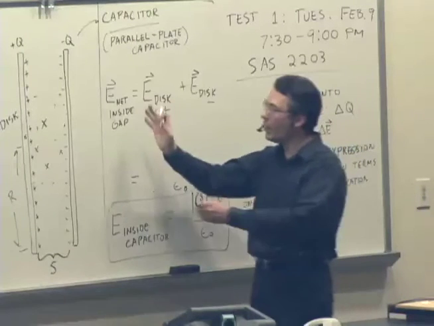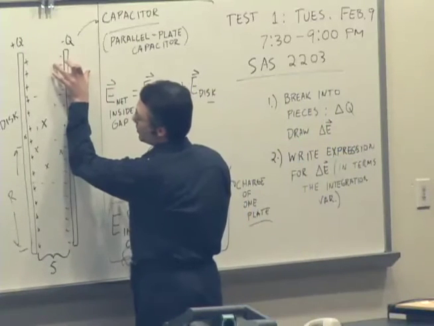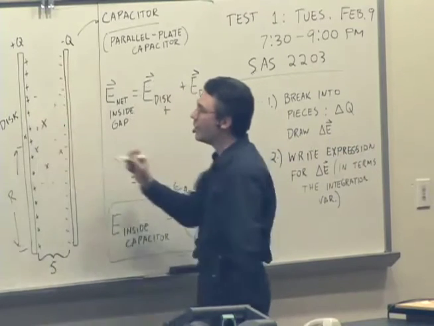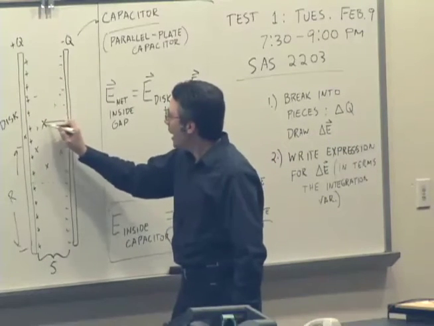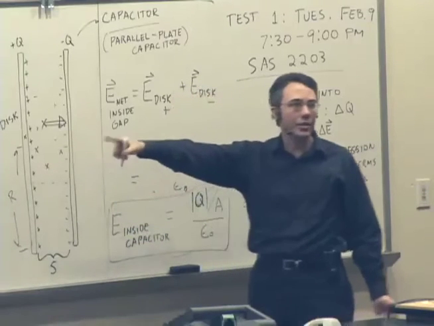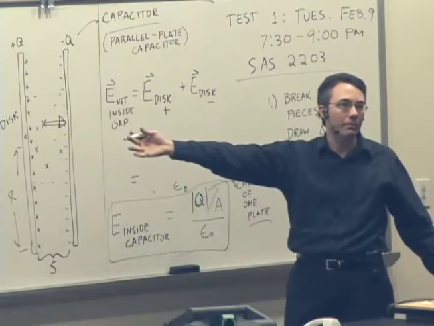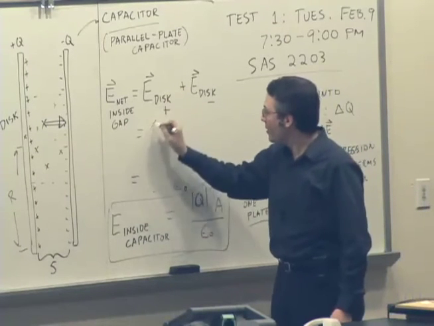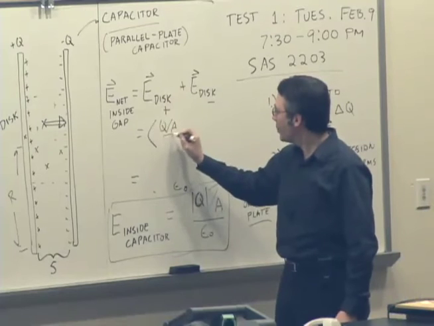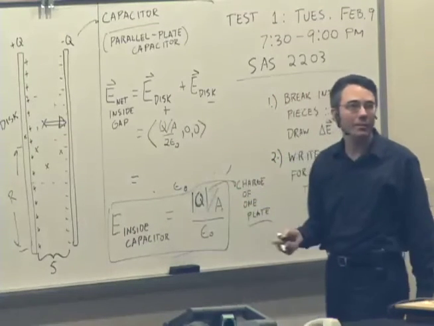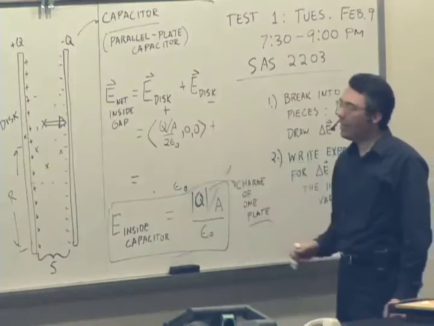Superposition says I ignore the presence of the negatively charged disk. I know its direction is in the positive x direction, and its magnitude is q over a over 2 epsilon 0. So I have a vector that is q over a over 2 epsilon 0 in the positive x direction. I do the same for the negatively charged disk.